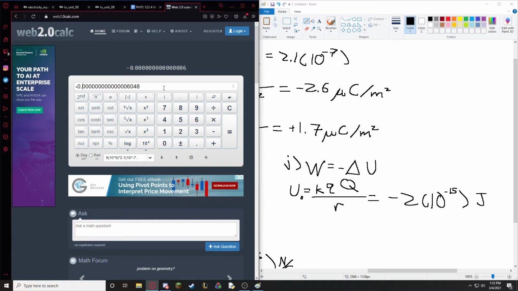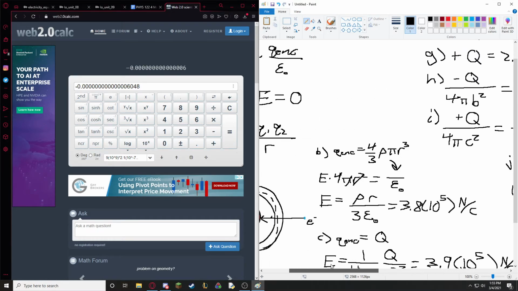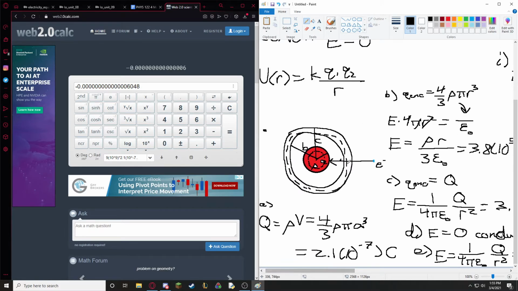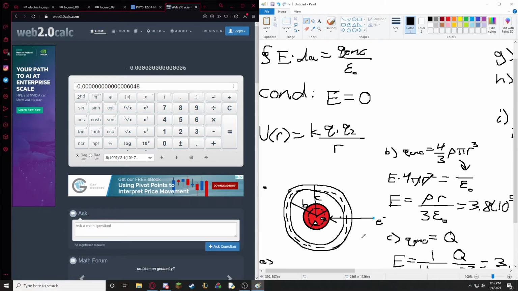But we know that that's not right, there is a part where there is no force acting. So if we keep that in mind, because remember, as we pass through the conductor, there's no electric field, so there's no force acting on the electron.